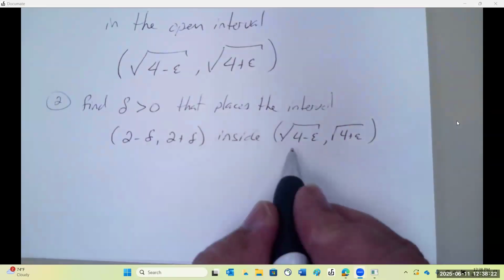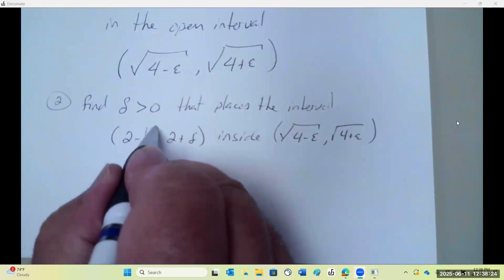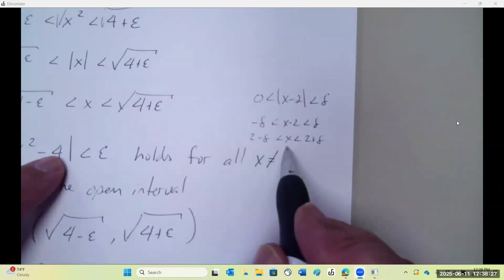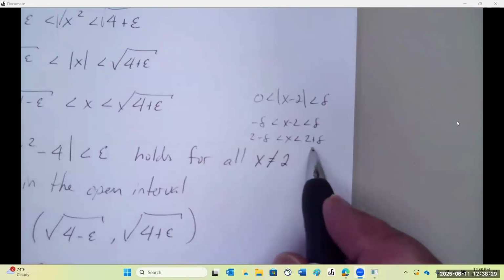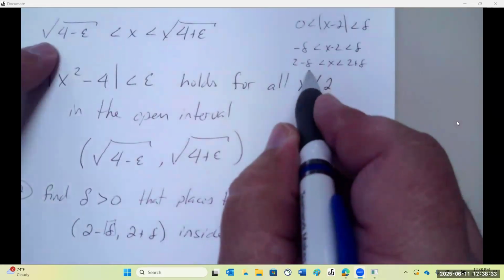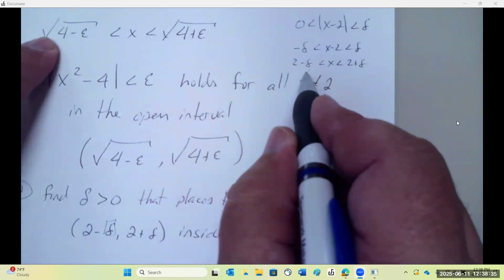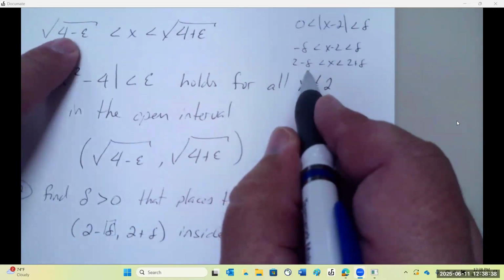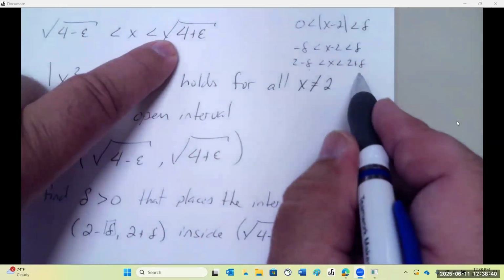Now, because we have this connection between epsilon and delta, delta is going to be related to the radical 4 minus epsilon and the radical 4 plus epsilon.